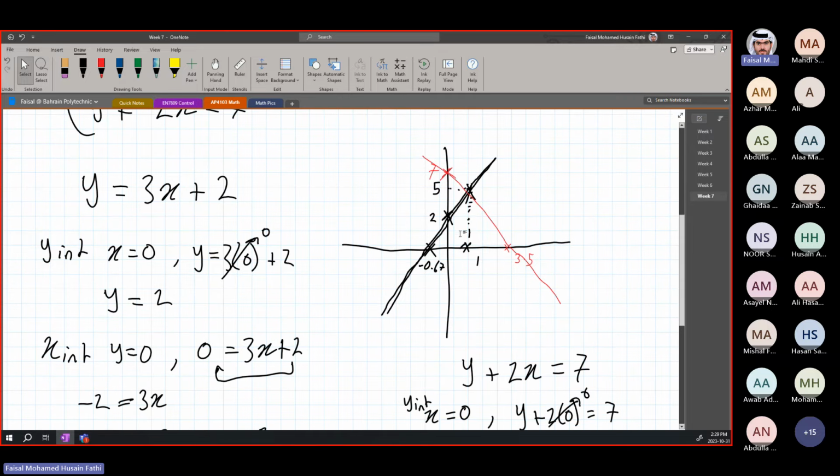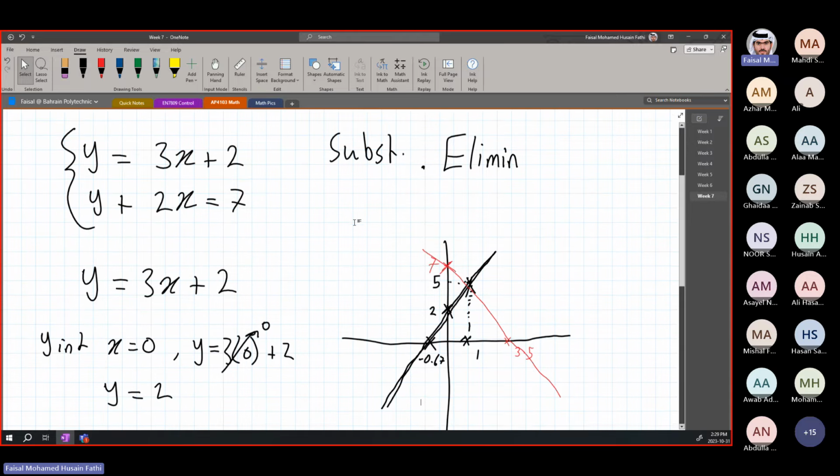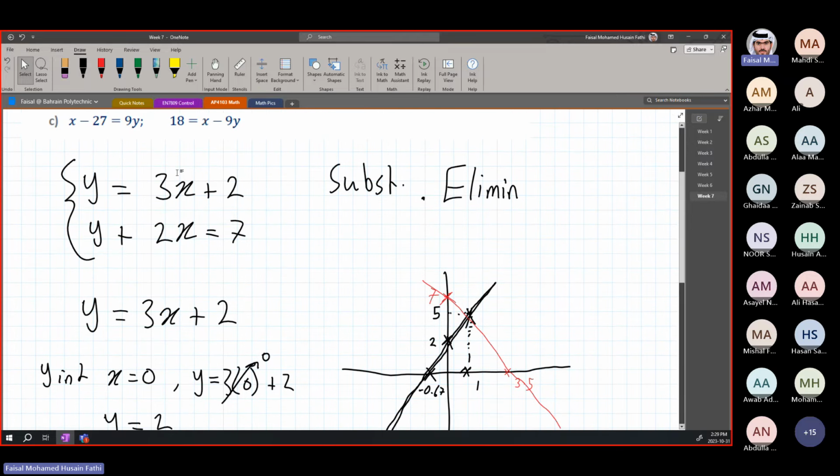Okay. Now, you see, we just plotted both graphs. So why are we going to be solving the simultaneous equation? The idea of solving the simultaneous equation is to find this point over here, which is the intersection of the two graphs.